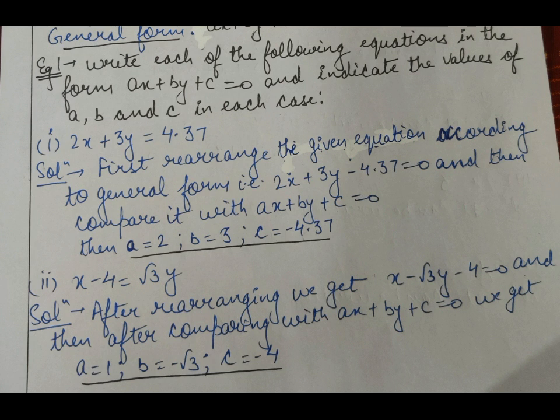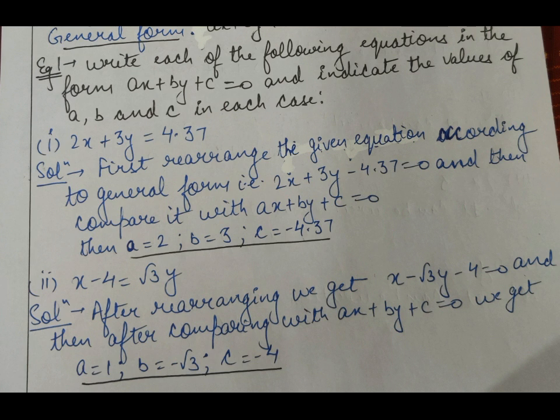Question number 1 is, 2x plus 3y is equal to 4.37. First, we'll arrange the given equation according to the general form, and that means we can write it as 2x plus 3y minus 4.37 is equal to 0, and then we compare it with ax plus by plus c is equal to 0. That means we are comparing it with our general form.